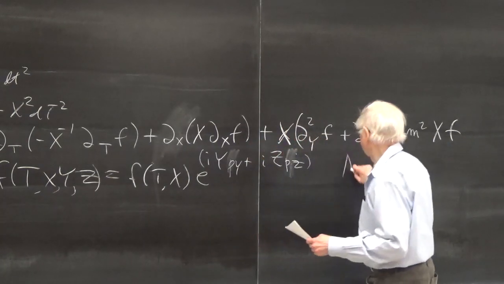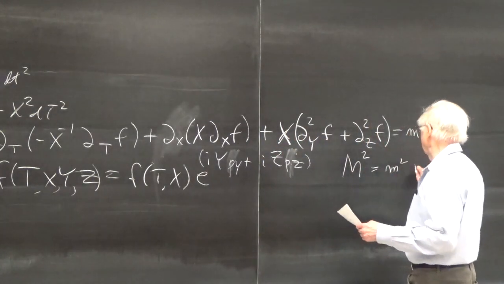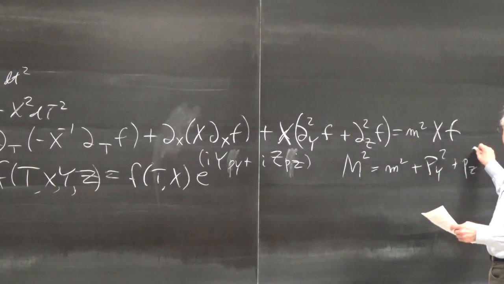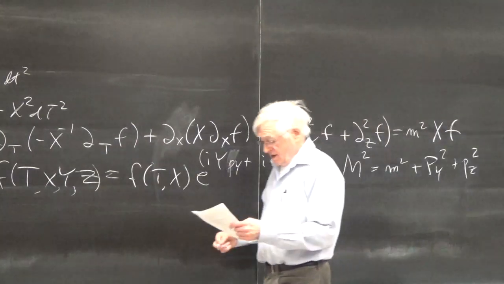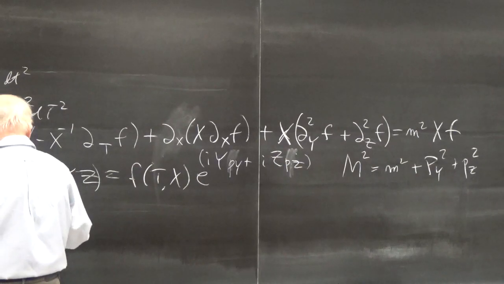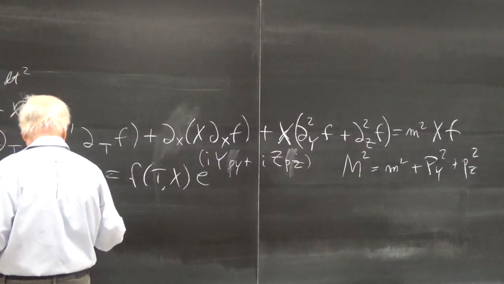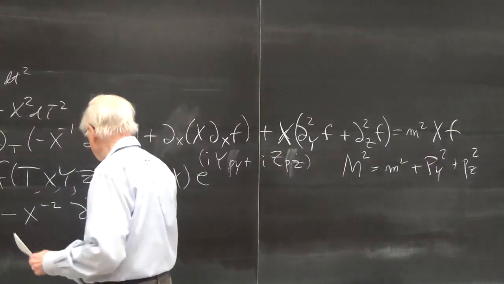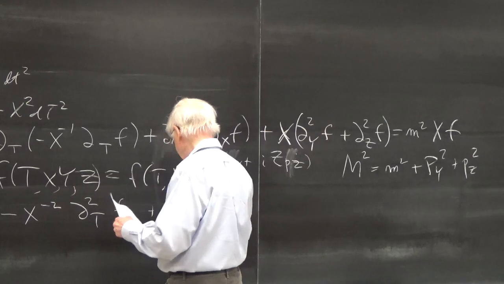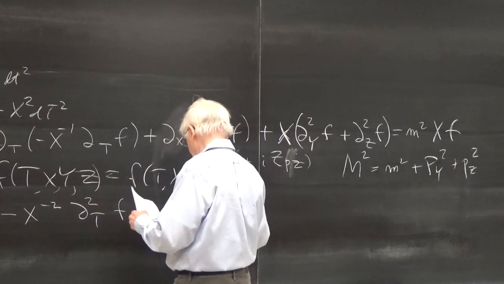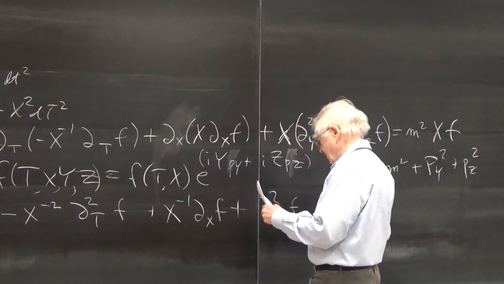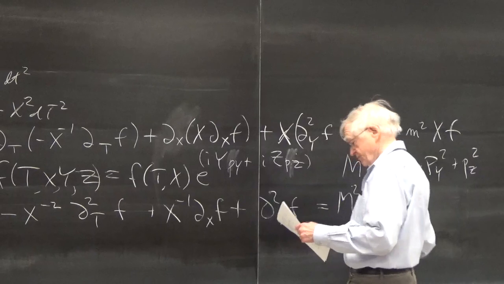And then one can define capital M squared as little m squared plus p_y squared plus p_z squared. And then the equation simplifies, but it didn't simplify enough for me to be able to solve it. What one has is d by dt squared f plus x inverse partial x of f plus partial x squared f equals capital M squared f.